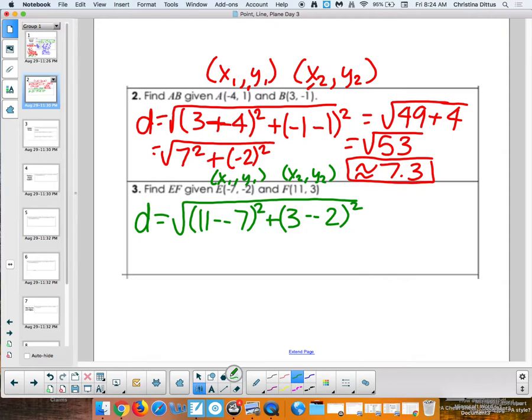Okay, now math time. Yep, minus negative means add. So I get 18 squared plus 5 squared. I have no idea what 18 squared is. 324. What is 5 squared? 25.